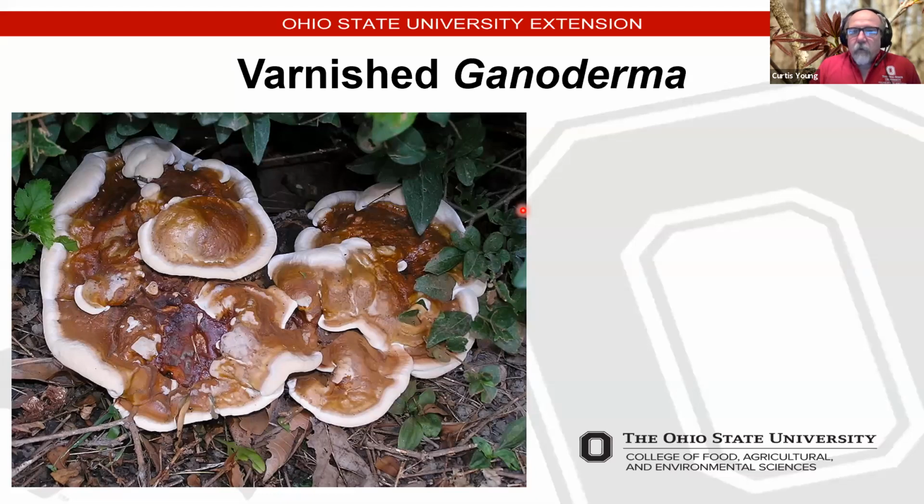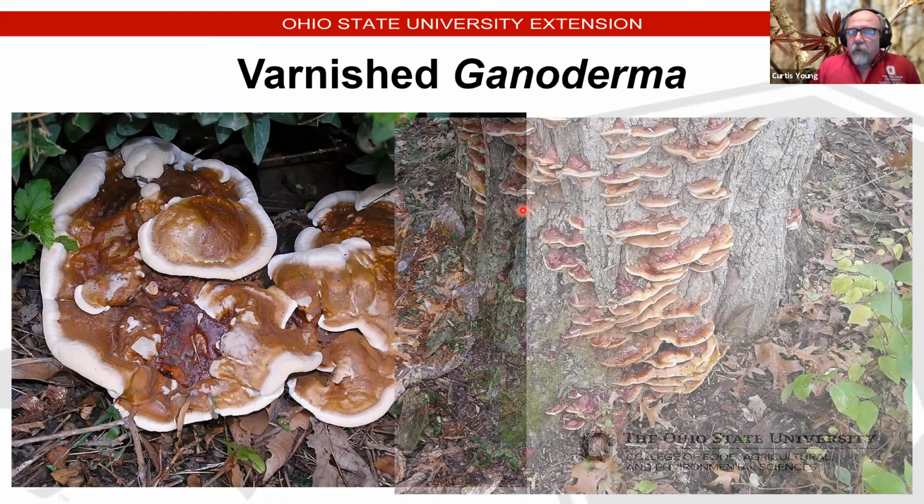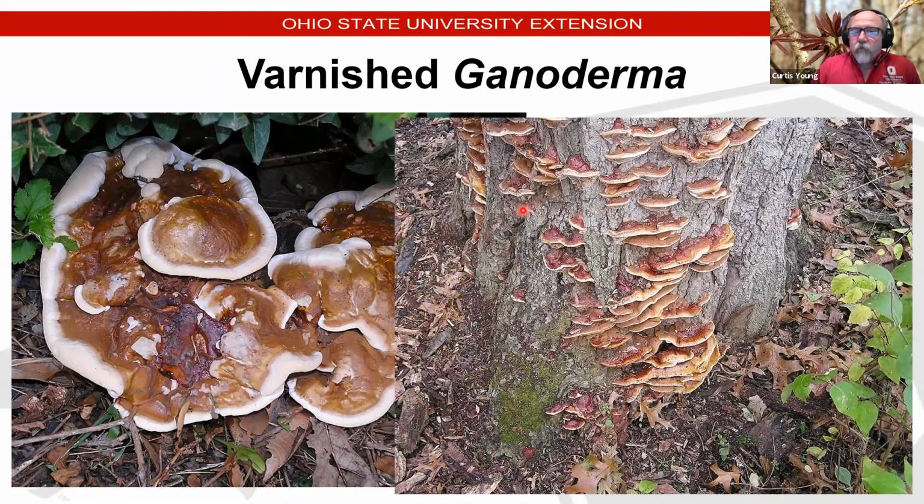The other very common one that we have grows out of wood from stumps that have been cut off at the surface of the ground. And they can also grow on the trunks of trees. No stem associated with these. These are Ganoderma sessile, sessile meaning they have no stem. And these two are very common.